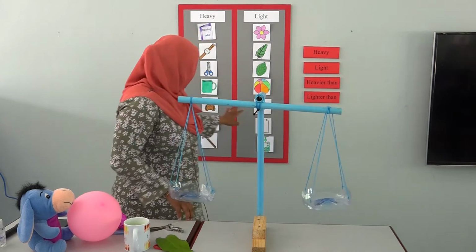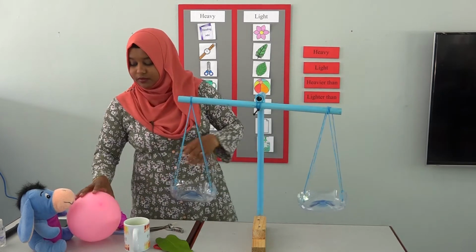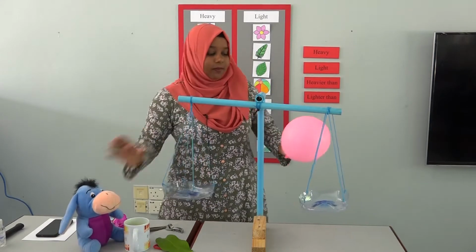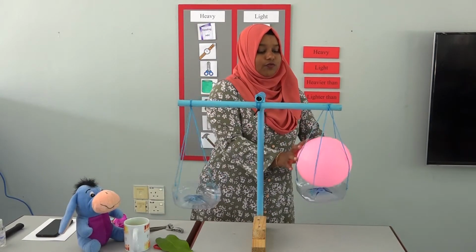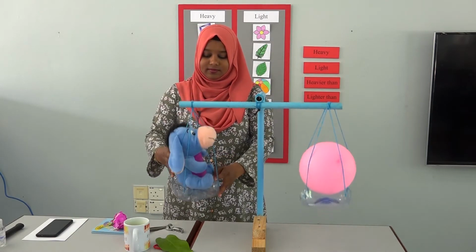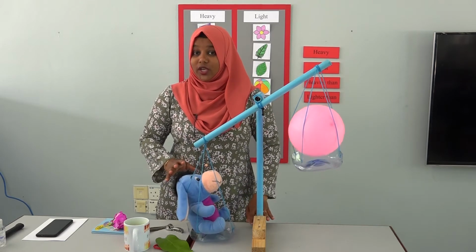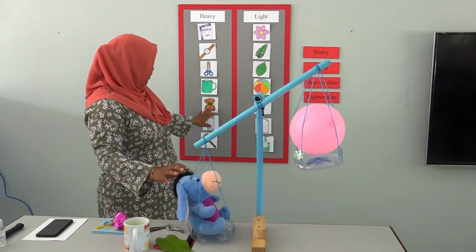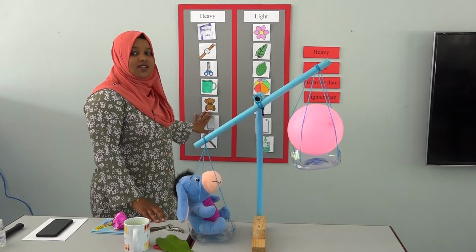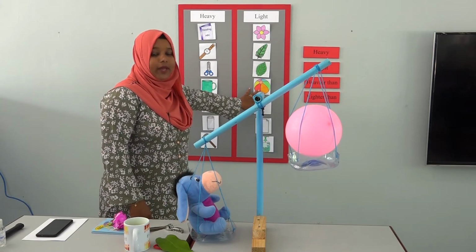Now, next is the soft toy and the balloon. We are going to put the balloon and the soft toy. Oh, it's the soft toy. It is heavier. Have you guessed it correct? Yes, you have guessed it correct. The soft toy is heavier than the balloon.